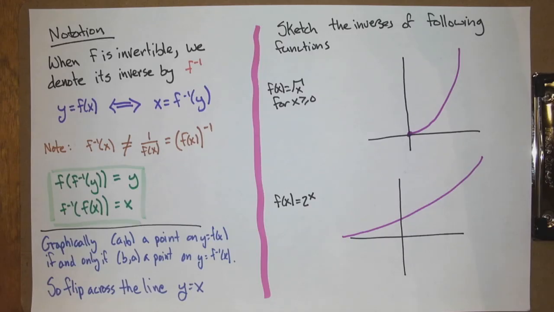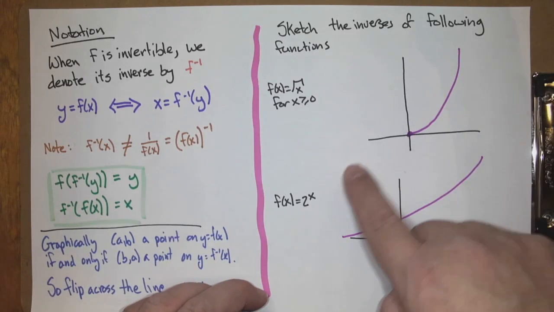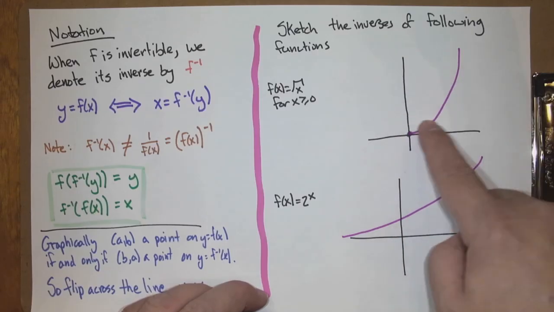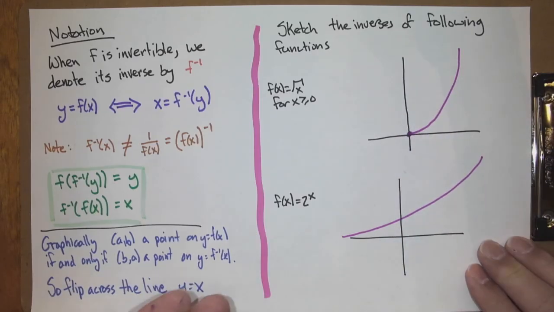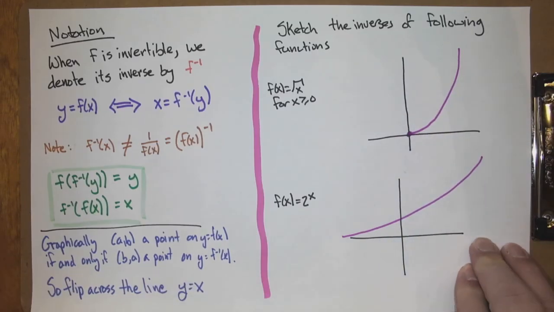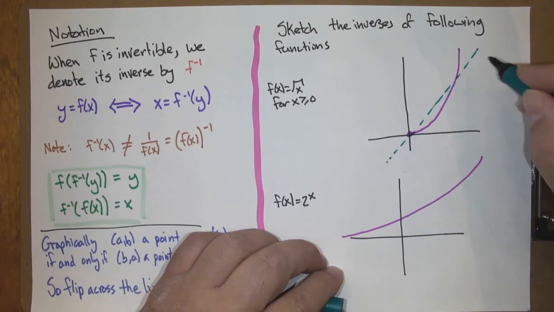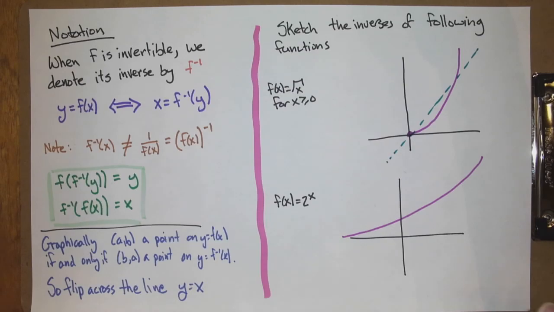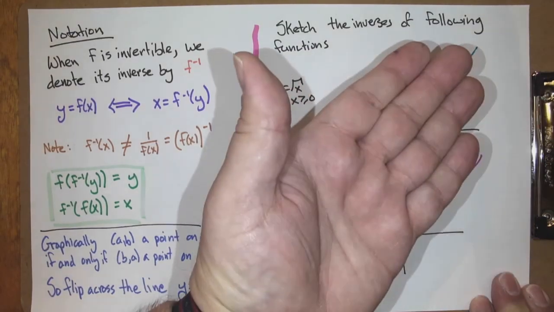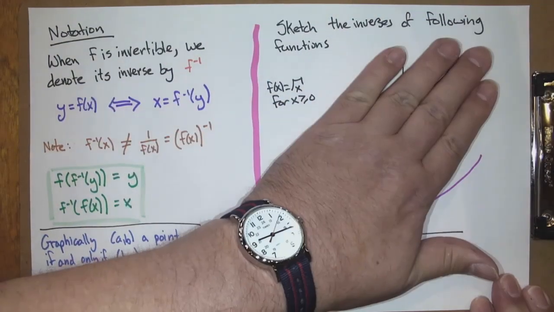What does that say? Well, there's this really cool fact that says, if I have a function which is invertible, so here's that square root of x, what you can do is there's this line, y equals x, and you imagine that you take the curve, pick it up, turn it over, and put it back down.